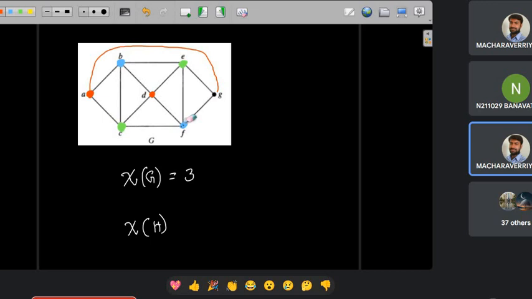So now we need a new color for this vertex G. Right, so now we are going to assign a new color here. So the minimum number of colors to color H is 4. Therefore, the chromatic number of H is 4 and the chromatic number of G is 3.